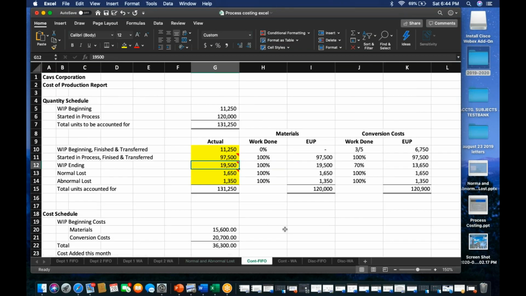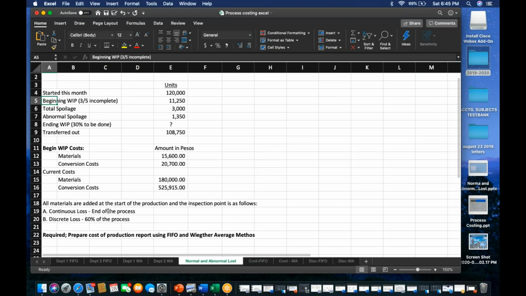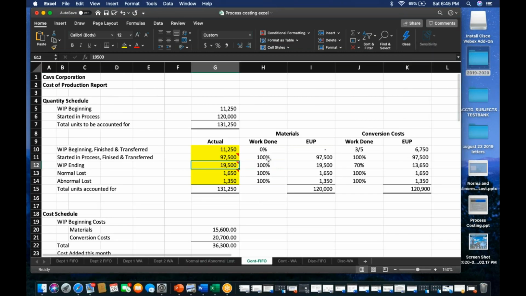Okay, let's continue. So for materials is added at the beginning. Right? Ayun. All materials are added at the start of the production. So therefore, kung itong work in process beginning natin is already 2/5 completed, hindi na siya kailangang dagdagan pa ng materials kasi nalagyan na siya nung nakaraang buwan pa.